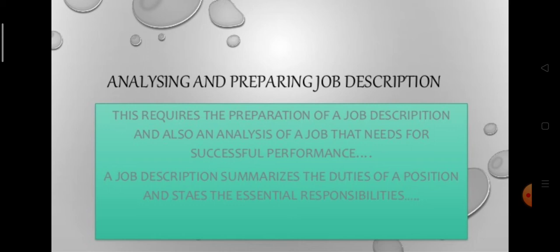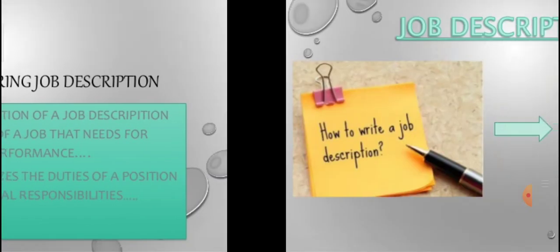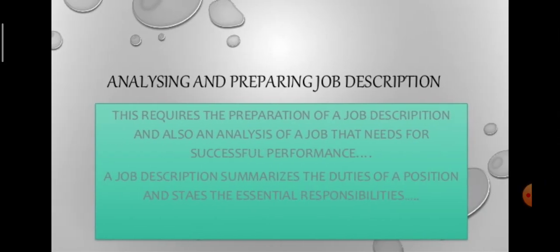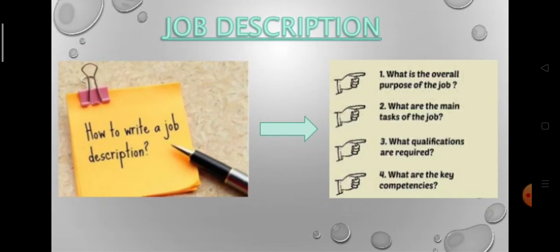We have to describe all these things, that is gathering relevant data. Next one, the job description. Job description means summarizing the duties and the responsibilities of a particular job.